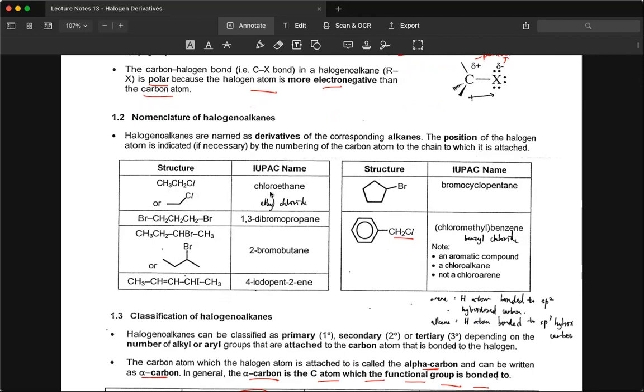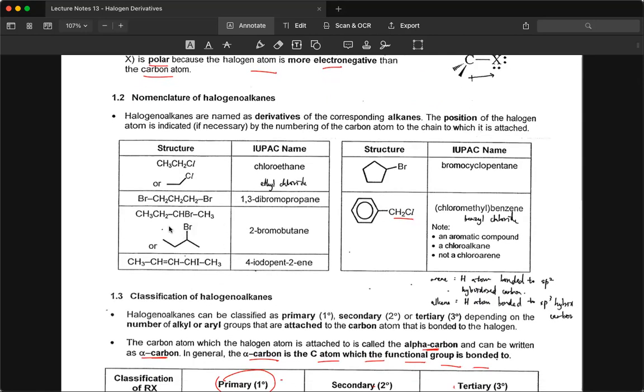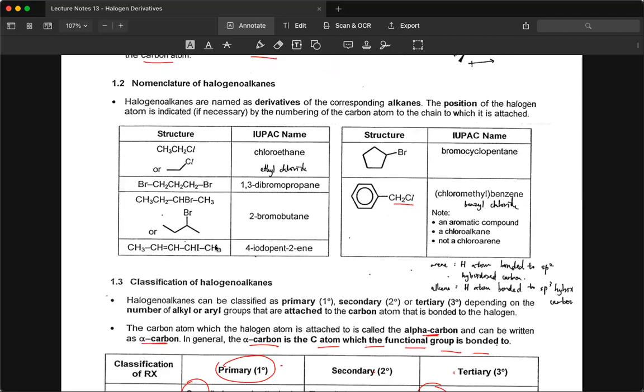For example, chloroethane, 1,3-dibromopropane, where the two bromine atoms are attached to the first and the third carbon atoms in the molecule. 2-bromobutane, where the bromine is attached to the second carbon in the longest continuous carbon chain. 4-iodopentene, where the double bond is between the second and the third carbon, and the iodine is attached to the fourth carbon in the carbon chain.